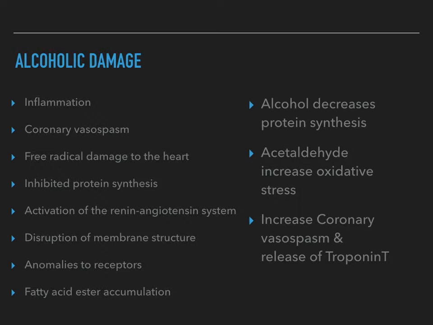You can see right there in the last bullet point on the left hand, it's fatty acid ester accumulation, and that could be bad because the fatty acid ethyl esters are out and about to metabolize the ethanol, but there's a genetic defect in the synthesis of the fatty acid esters.